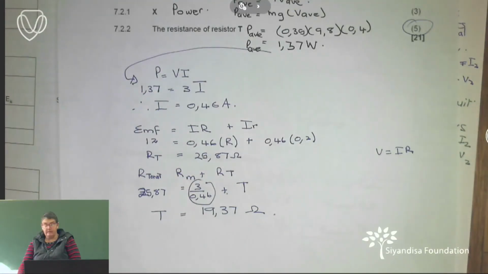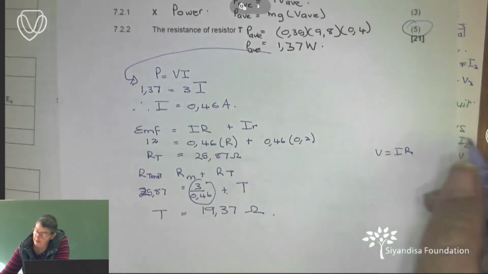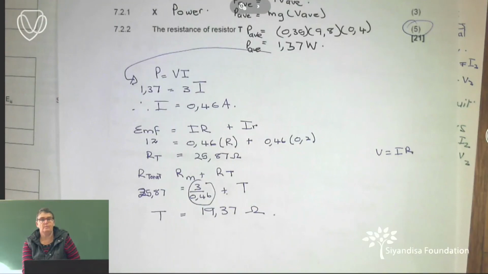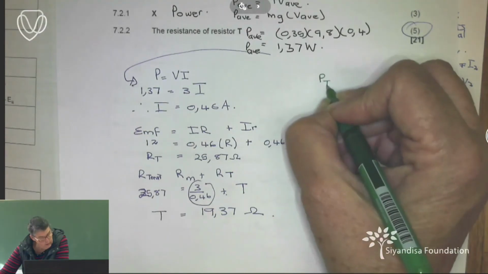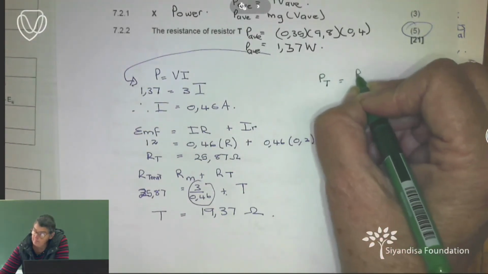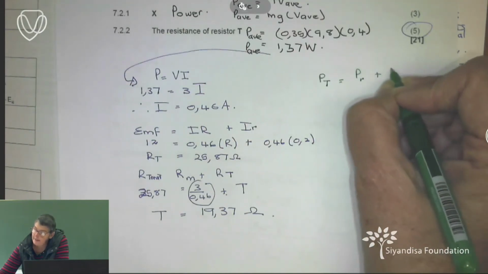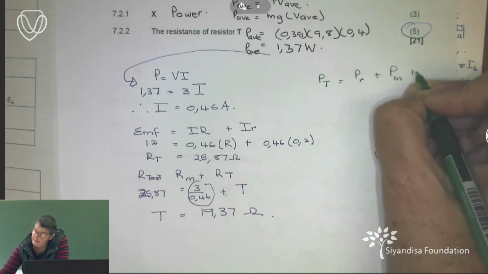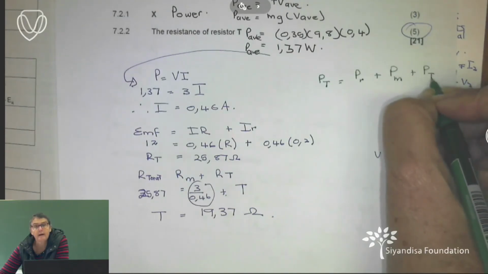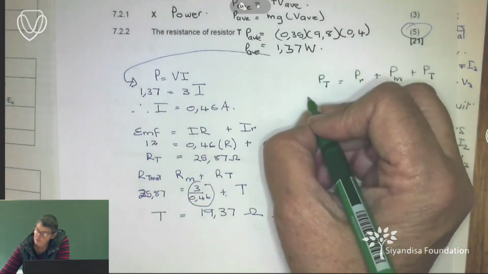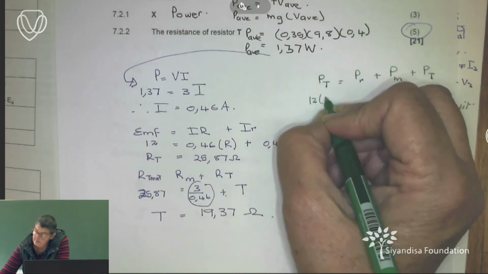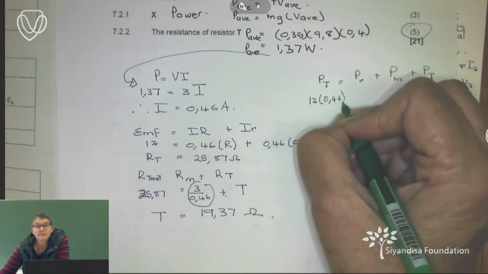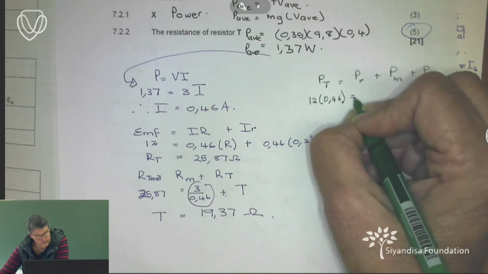Right. The other thing that you could have done is you could have worked with power. You could have said the total power is going to be equal to the power of the internal resistance plus the power of the motor plus the power of T. To get your total power, remember P is equal to VI, so you would have had to say 12 times 0.46.